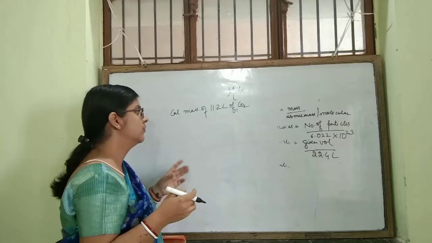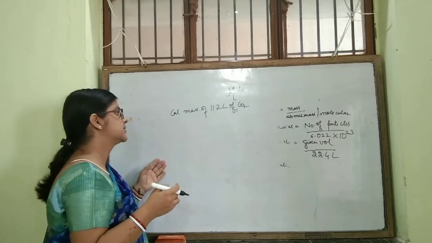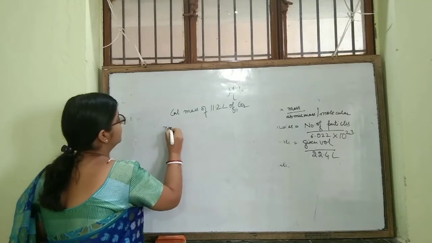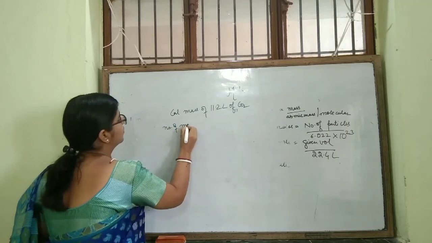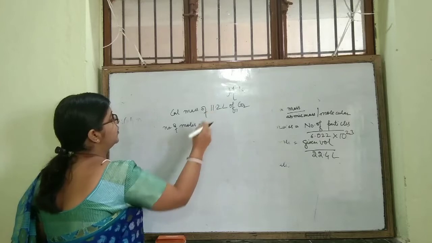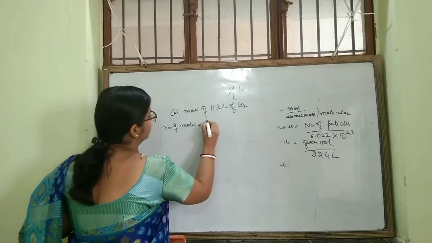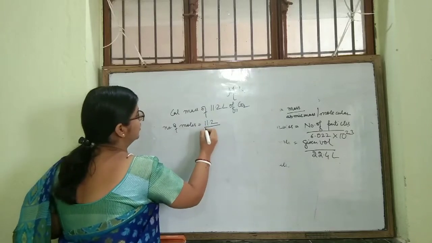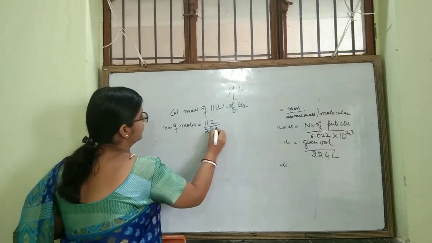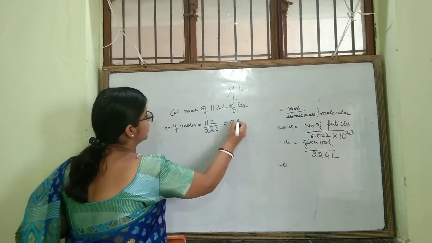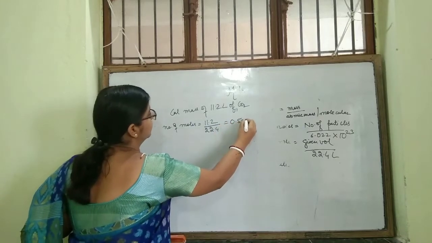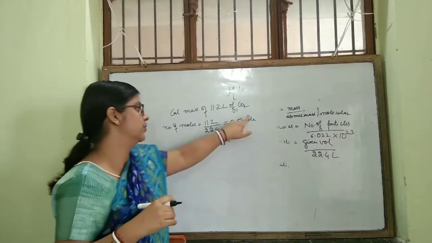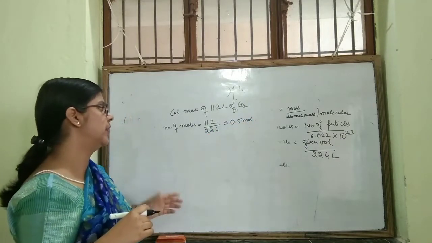We know that the number of moles will have to be calculated. Number of moles will be equal to given volume by 22.4. Given volume is 11.2 and 22.4 we will write. Here we are getting 0.5 mole.